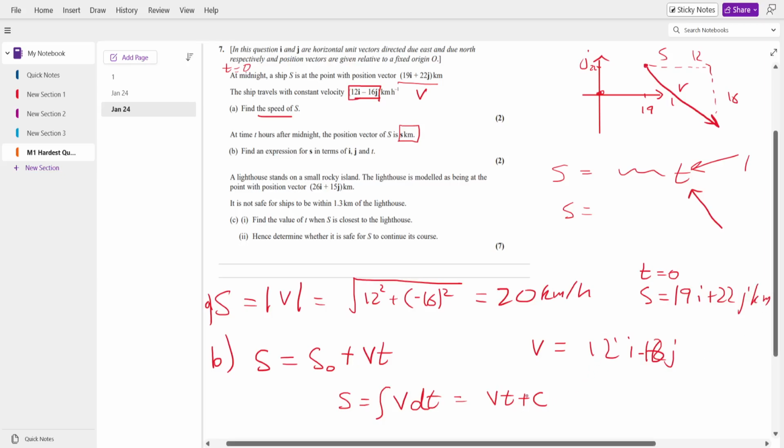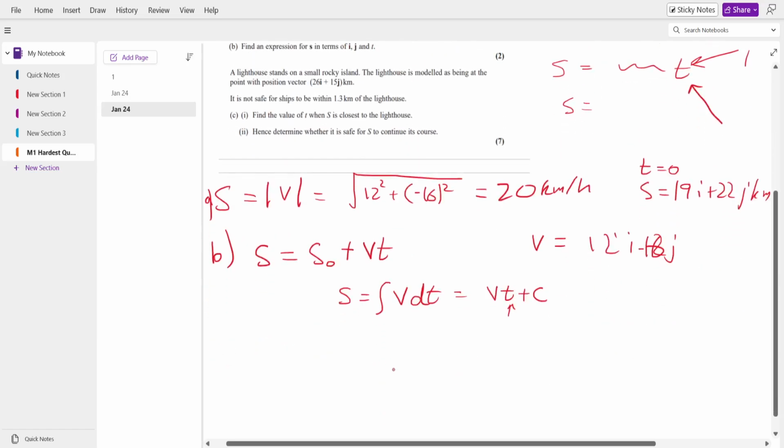So when I substitute t with 0, s should equal 19i plus 22j. So 19i plus 22j equals v times 0 plus c. So this cancels, and this shows me that my c is basically 19i plus 22j, which is my initial position vector, s0.